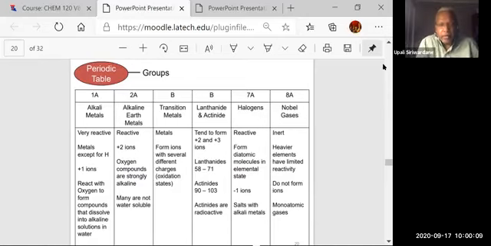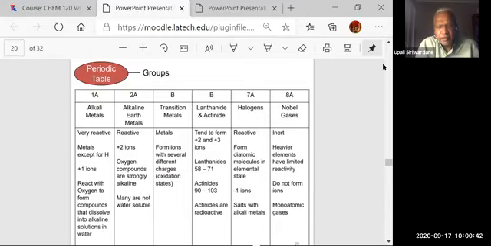Okay. Group 1A is called alkali metals. Group 1A is the same as group 1, and 2A is the same as group 2. Group B's in the middle are transition elements. But group B also at the bottom is called actinides and lanthanides. The chemistry of transition metals and inner transition metals, lanthanides and actinides, is a little different.